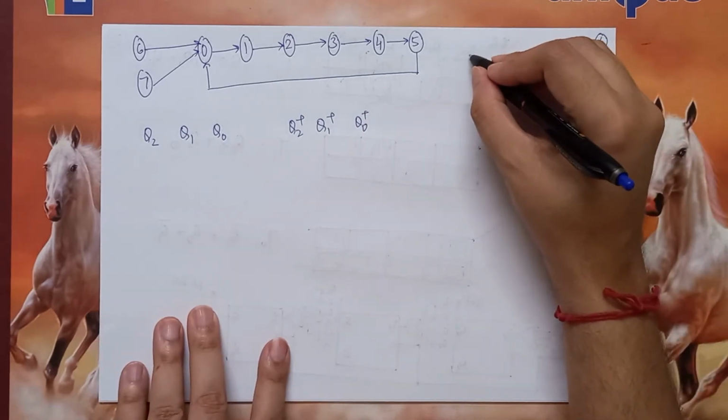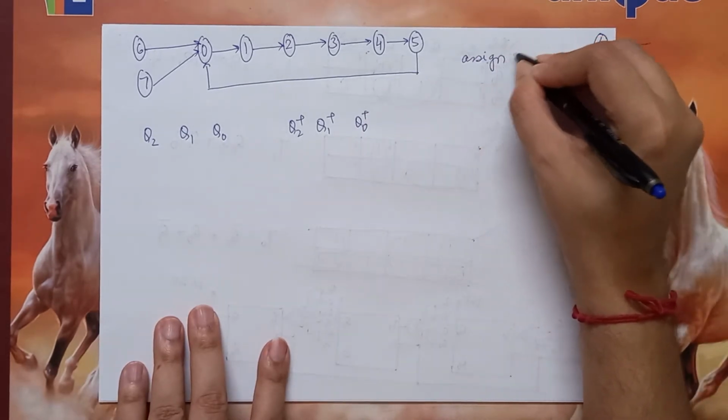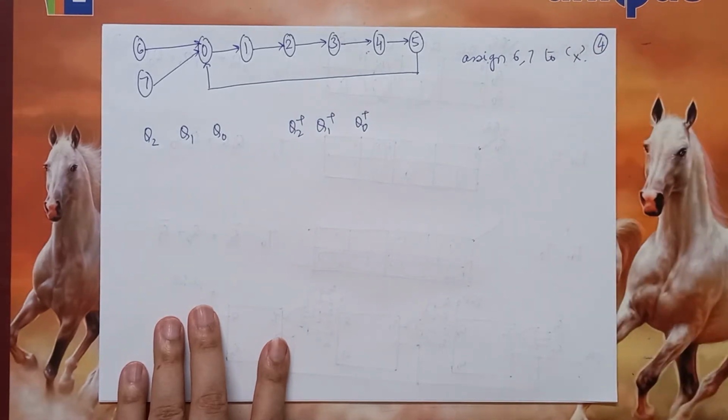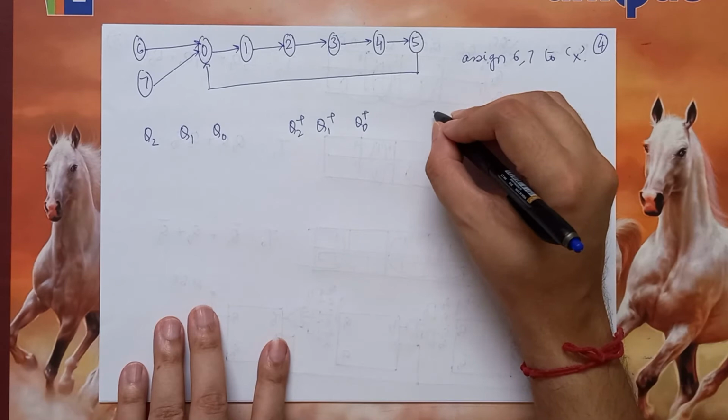So what I will do, assign 6, 7 to don't cares.